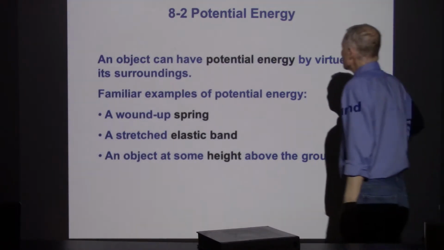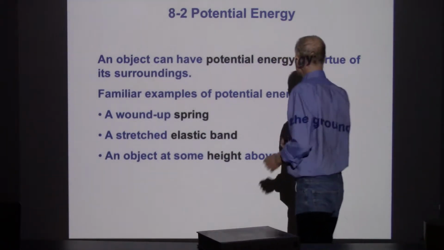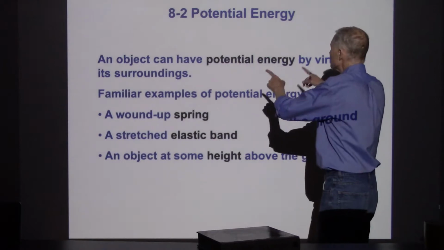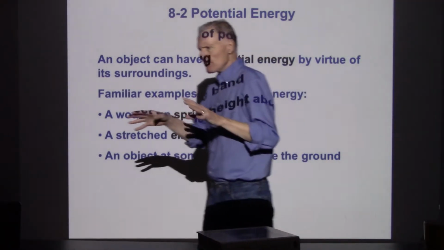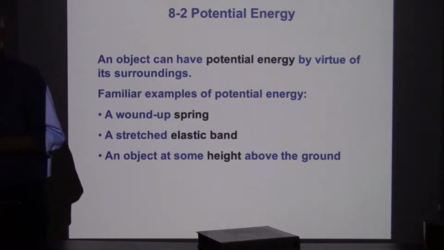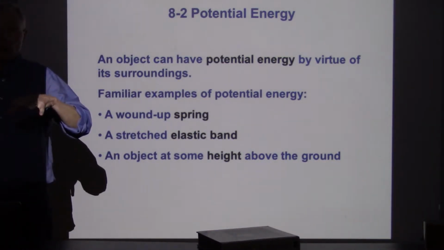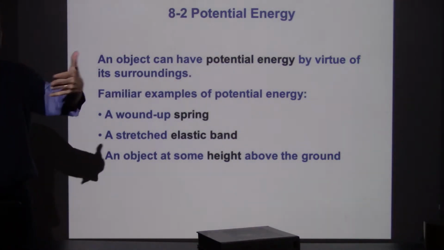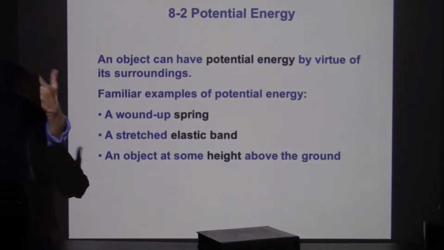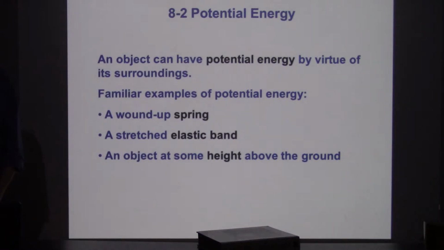But the potential energy idea is, here it says potential energy by virtue of its surroundings. I want to say potential energy in terms of how objects are arranged. Whether they're arranged so that they're closer to each other or farther away, that's going to determine how much gravitational potential energy the system has, how much electric, how much magnetic potential energy the system has.